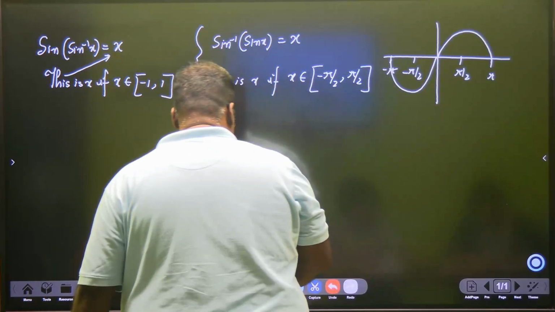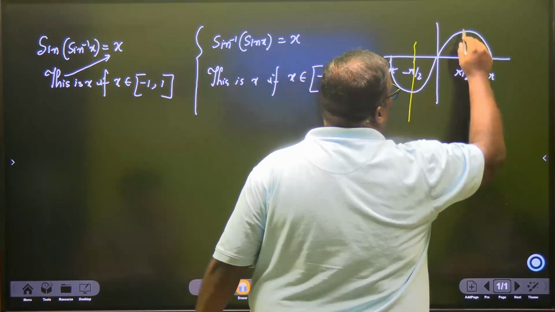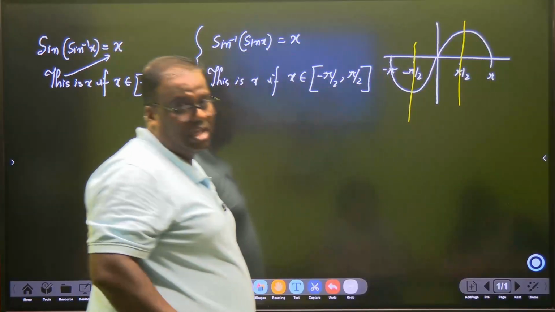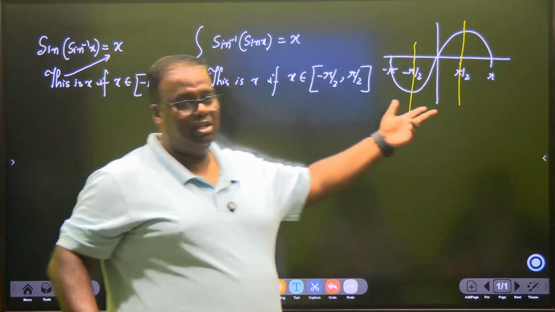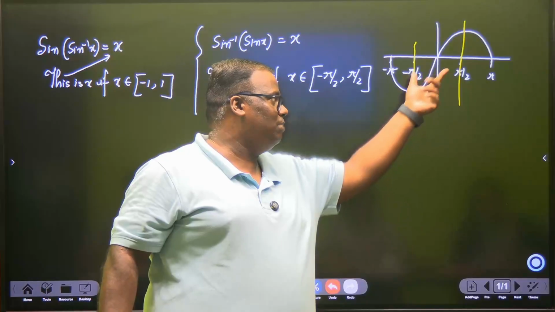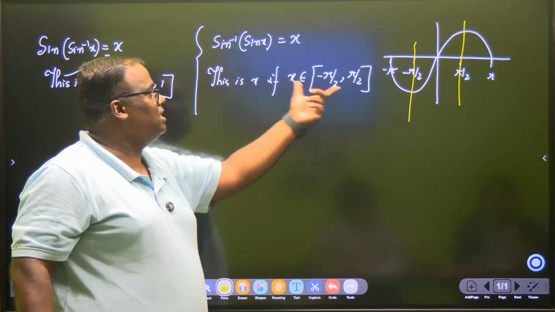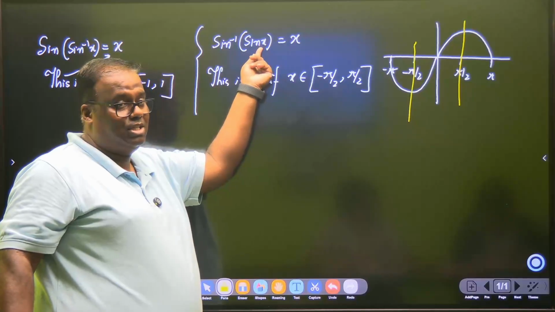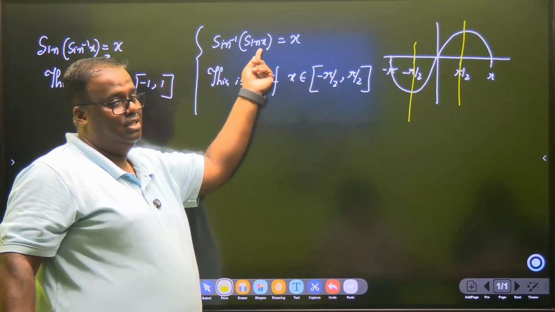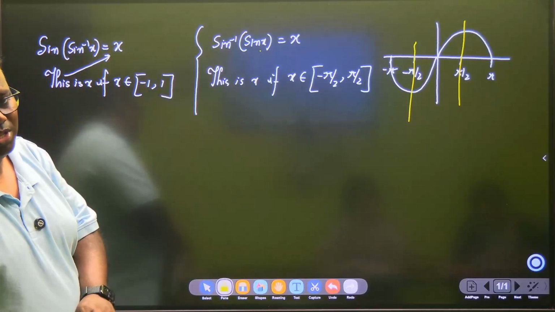Children, if you remember, you had made the sine function bijective from here to here. That means for a sine function, the input that you can give is only from -pi by 2 to pi by 2. This is the input on the sine function, whereas for the inverse function, you will be getting the range. Is this clear?